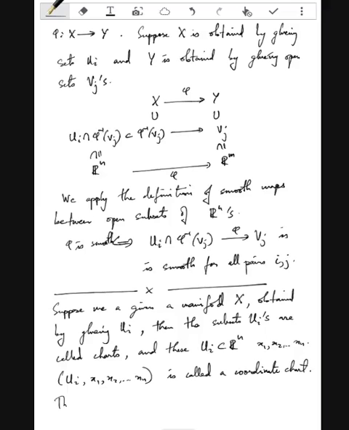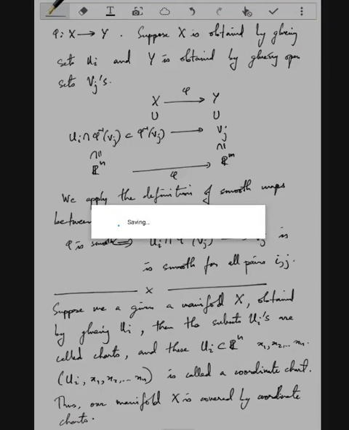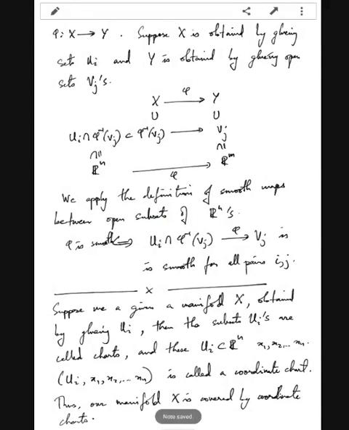Thus our manifold X is covered by coordinate charts. Okay, so we will stop here.